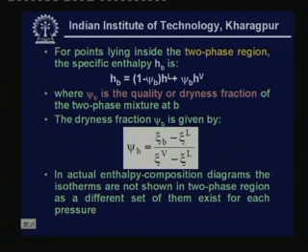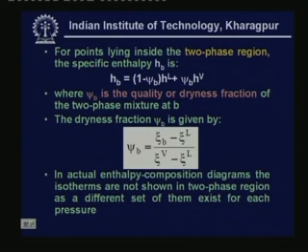The dryness fraction is given by the mass fraction at that point minus the saturated liquid mass fraction, divided by the saturated vapor fraction minus the saturated liquid fraction.